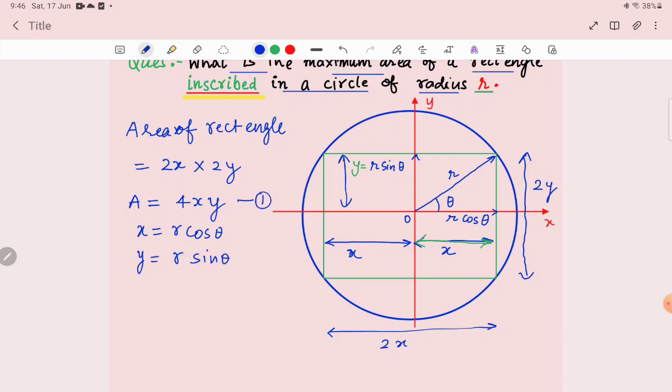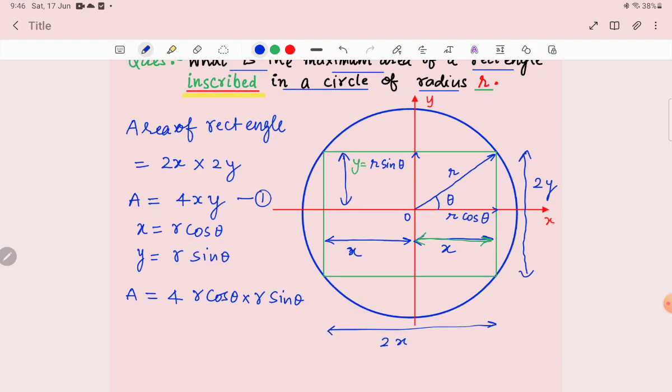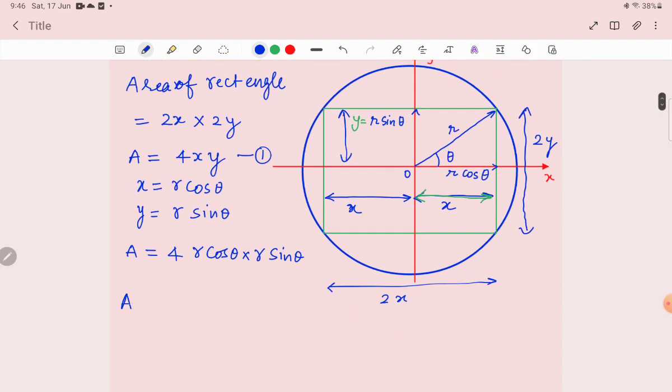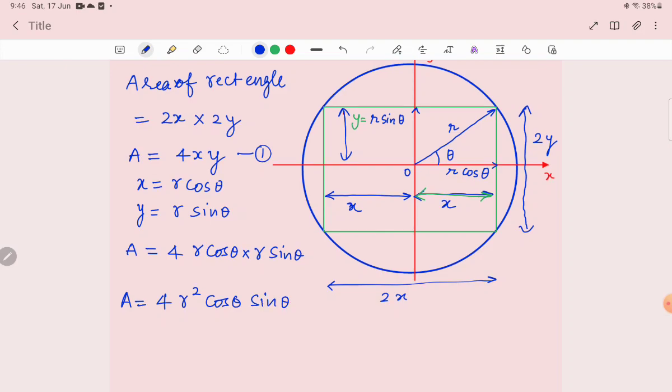So from equation number 1, we can write area as 4 times r cos theta multiplied by r sin theta, which implies area equals 4 r square cos theta sin theta.